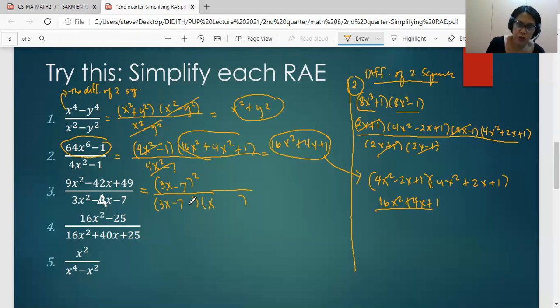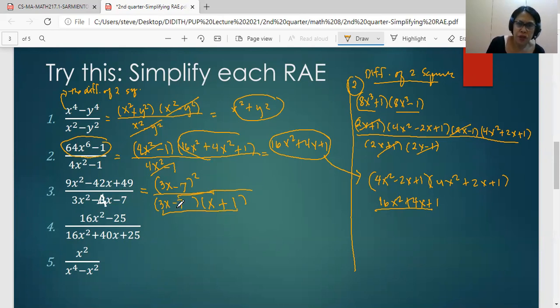And then since we have the constant term equal to negative 7, the other factor should be positive 1. So we have to verify if the middle term minus 4x will match the sum of the OI, I mean, the product of the outer terms and the product of the inner terms here.